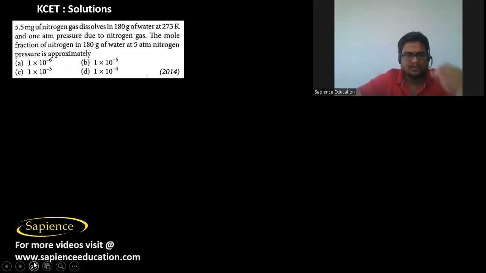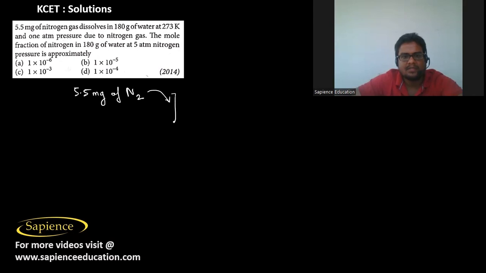So here it is told that 5.5 milligram of nitrogen gas, N2 gas, is being dissolved in 180 gram of water at 273 Kelvin, which means at 0 degree Celsius, and 1 atm pressure due to nitrogen gas.